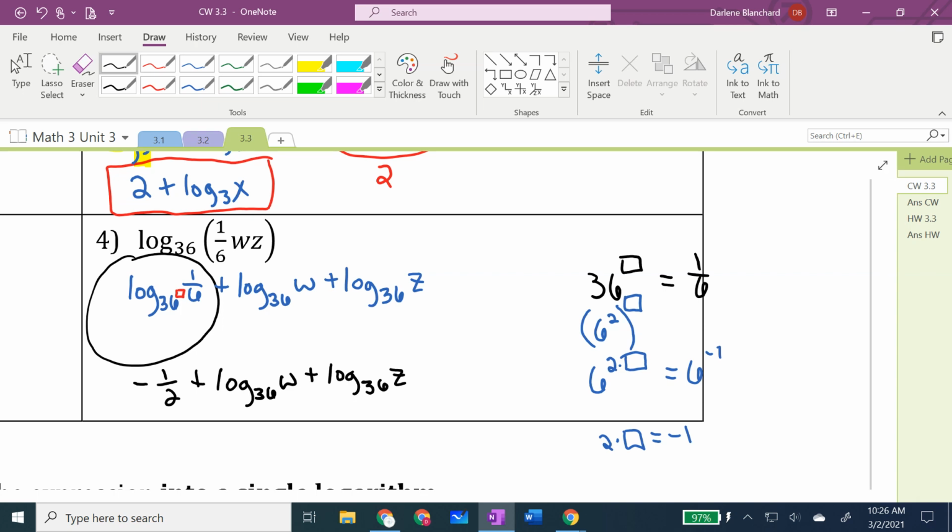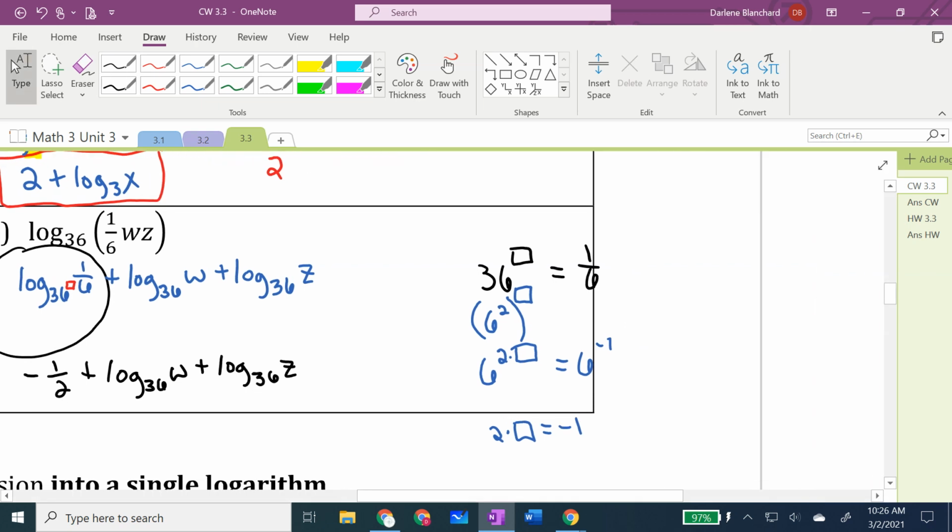So make sure that you are very clear on 36 to the -1/2 power. Negative means put it in the denominator, but now just change from negative to positive. Then a 1/2 exponent means square root.